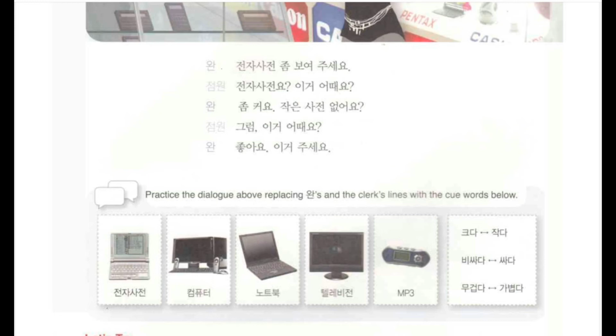Very good. Take turns. 제가 점원할게요. 여러분이 one 하세요. 시작. 전자사전요? 이거 어때요? 그럼 이거 어때요?